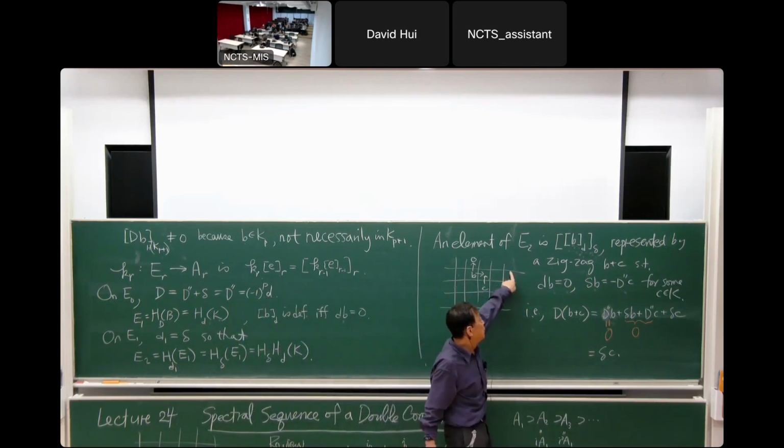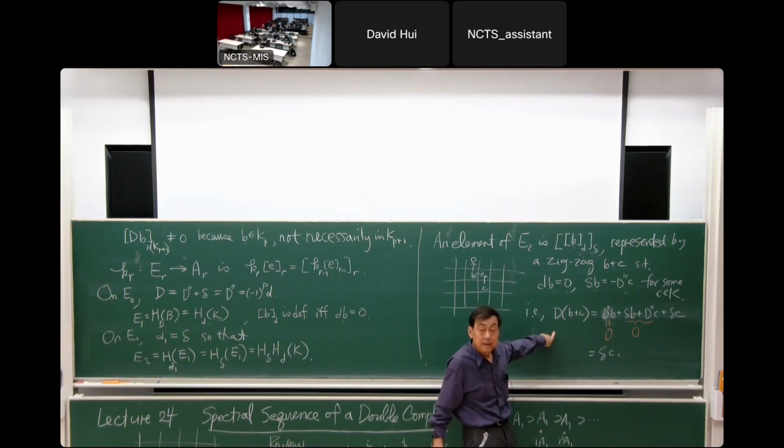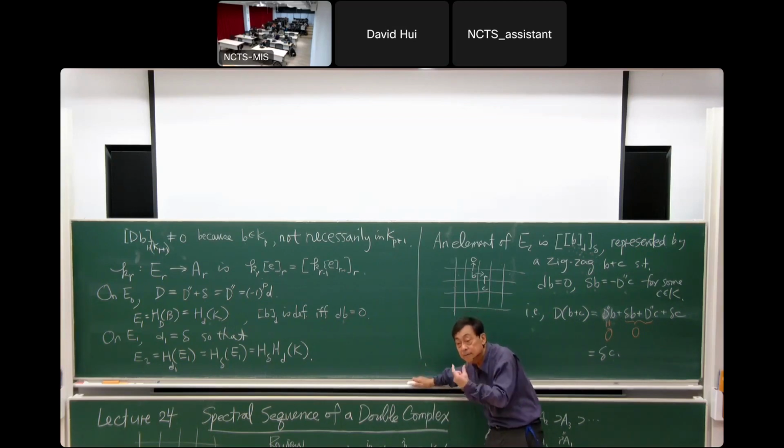To be in E2, you have to satisfy this condition. And to be in E3, there will be more conditions. First, it has to be in E2, and then there are some additional conditions. So we'll say that if an element of K defines an element of E_r, we say it lives to E_r.